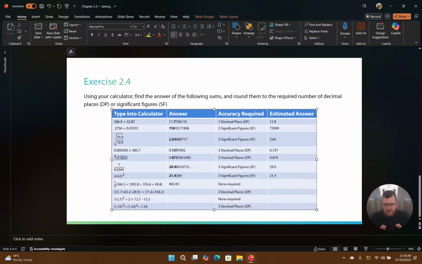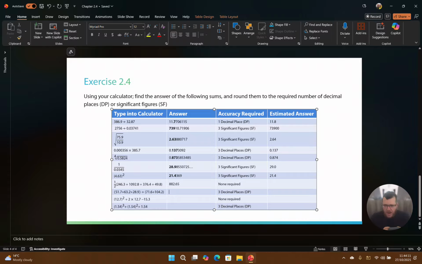The next one is 3 significant figures. That's three decimal places. So in brackets you put 51.7. This is doing BIDMAS.